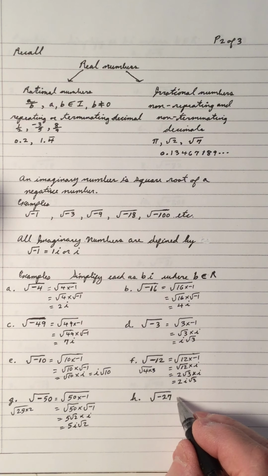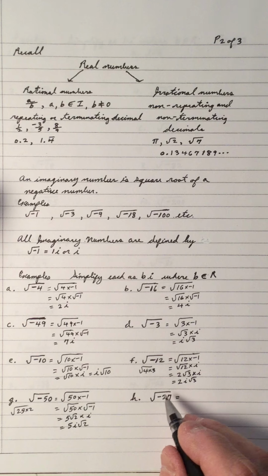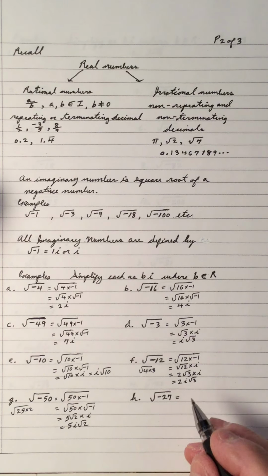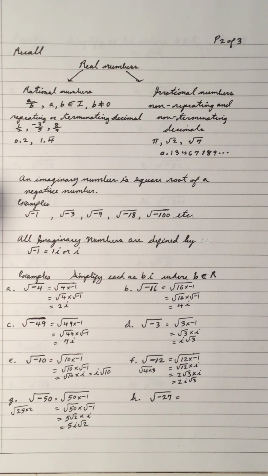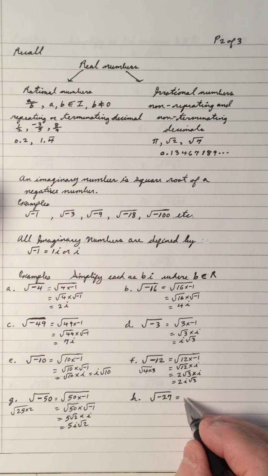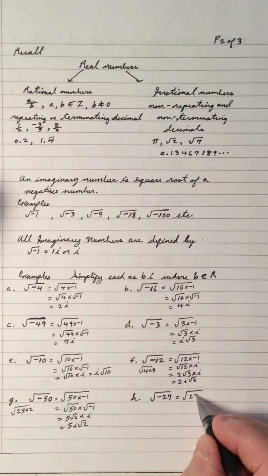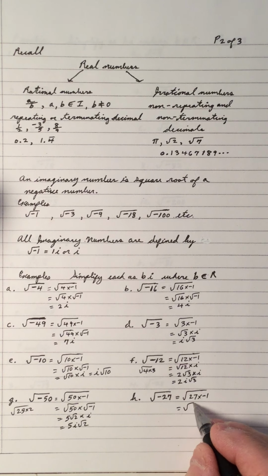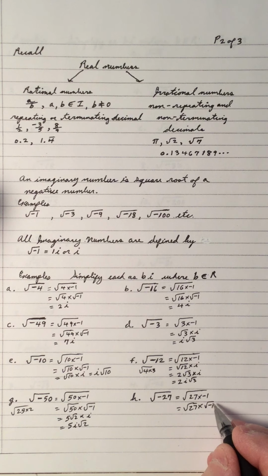And we have the square root of negative 27. Again, every time you do the square root of a negative number, you're going to get an i. And we should always simplify the square root of a negative number first before we do anything else with that imaginary number. That's the square root of 27 times negative 1. That's the square root of 27 times the square root of negative 1.